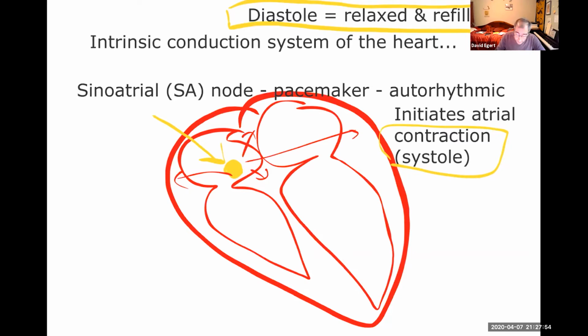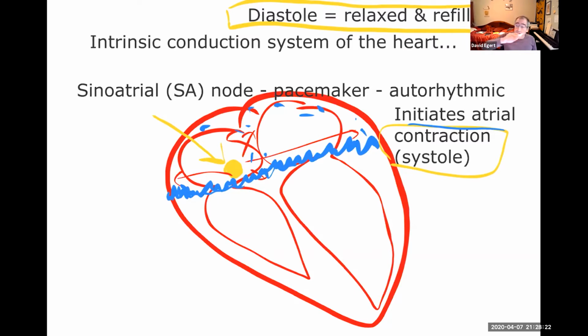So when the sinoatrial node goes off, it initiates atrial contraction because that electrical excitation spreads all across the atria, but it doesn't automatically go to the ventricles because of the fibrous skeleton of the heart that we had been talking about just a few moments ago.